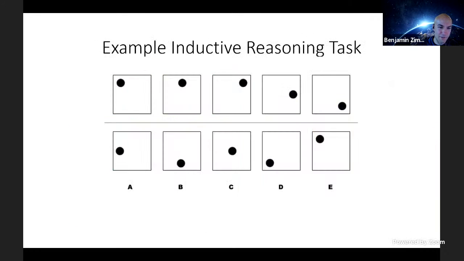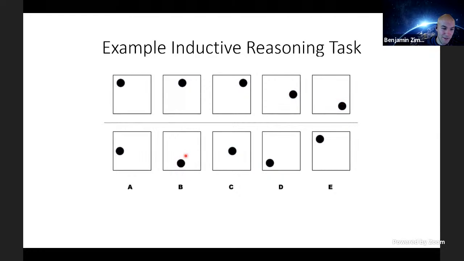So for these inductive reasoning tasks, you're really trying to find rules that reflect something that's happening. For this task, we see that this little circle here looks like it's moving one position over in a clockwise direction.